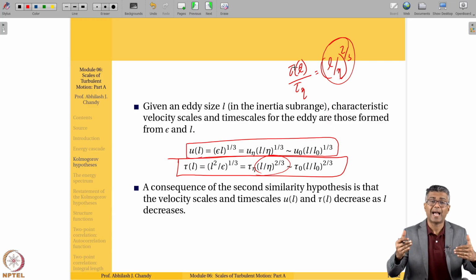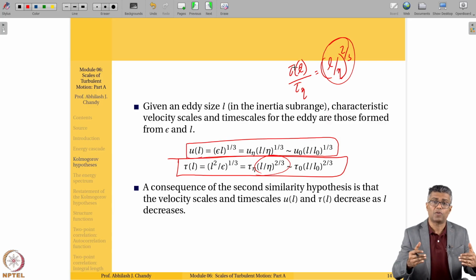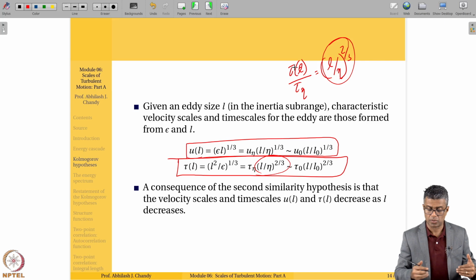So essentially, as the length scale decreases, the velocity scale also decreases, and the time scale also decreases. So for example, if I take u eta over u of L, isn't it?